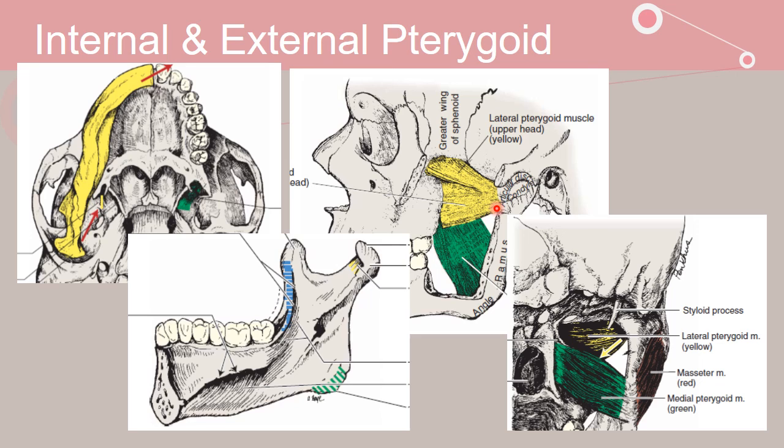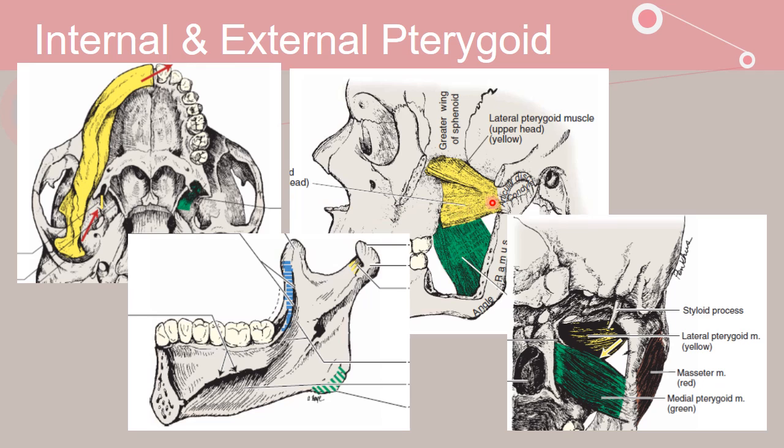So again, when the left and right external pterygoid muscles contract, so if this area here is the insertion of the external pterygoid muscle, the movement of the muscle or the contraction of the muscles is directed anteriorly.